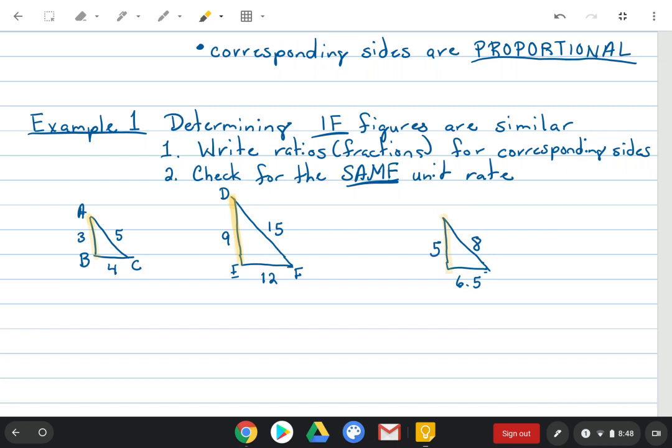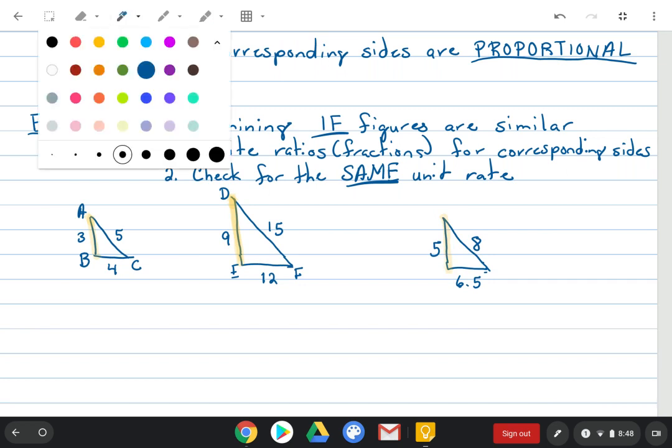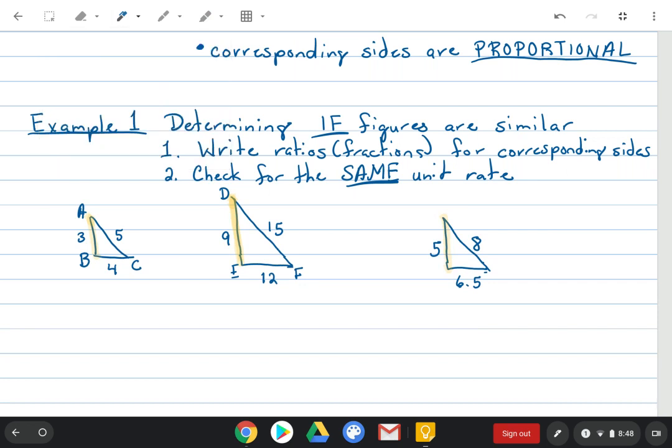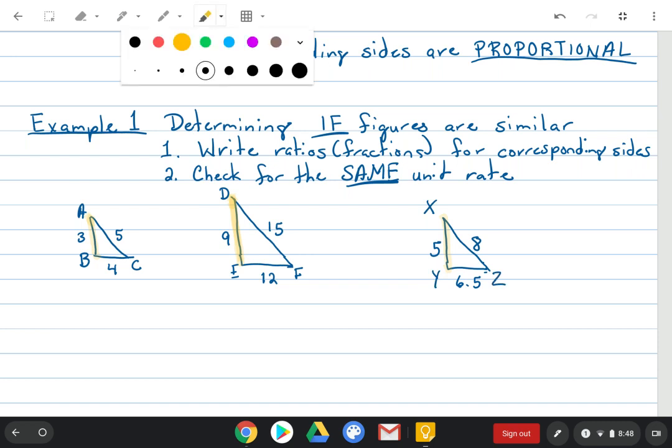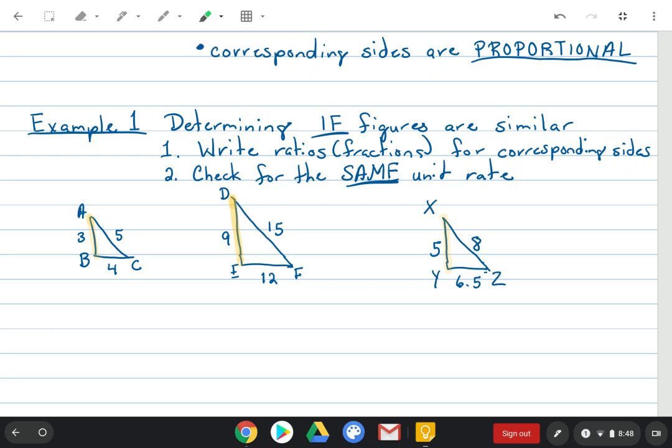I have to go back and put my letters in. Okay, so all those sides correspond because they have the same position. All right, well, let's look at this side here, side BC. That corresponds to side EF, which corresponds to side YZ.